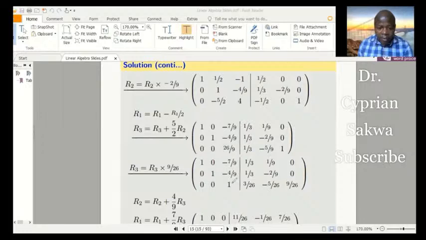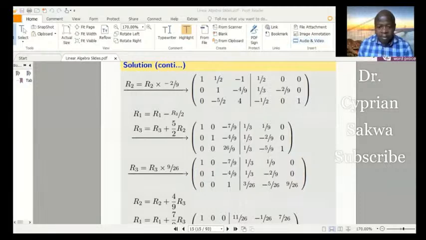Now that we have this one, we want to use it to create a 0 in this position and another 0 in this position. So how do we get those zeros? And that's what I wrote in my next step.